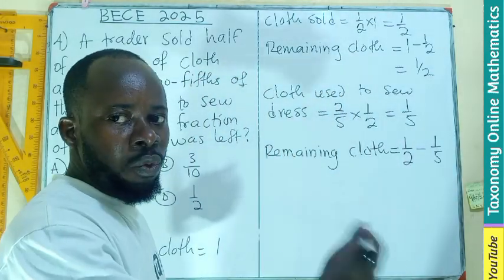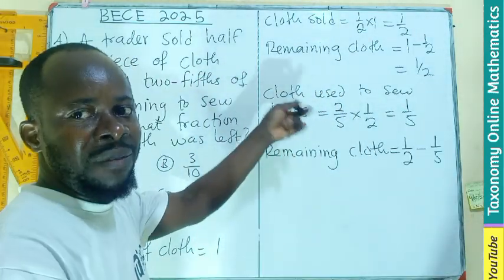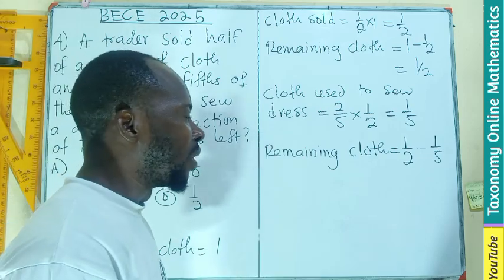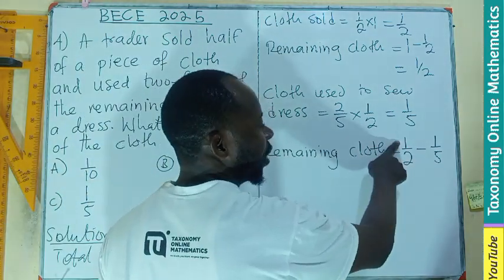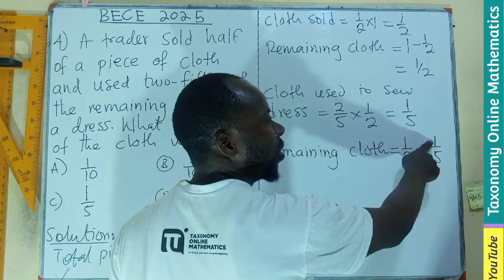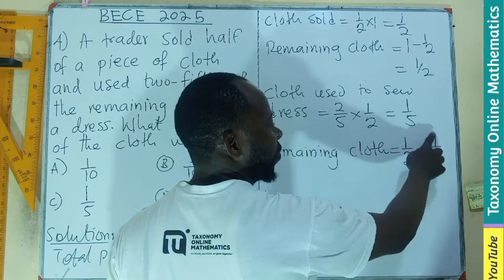So if we subtract what is used for the dress from what was left after selling, we can get the cloth remaining. And at this, we can say that this time this is 5, this time this is 2.